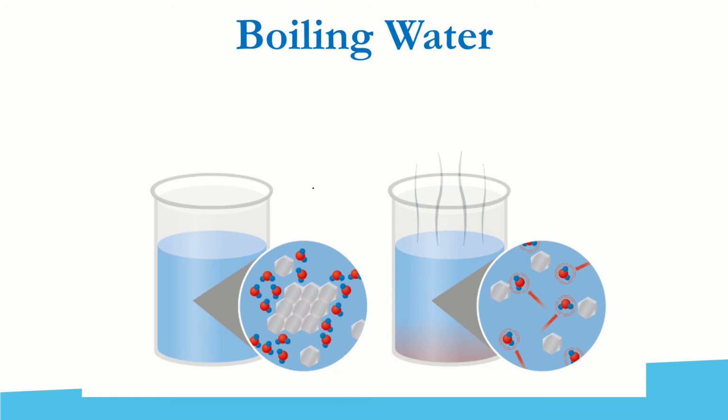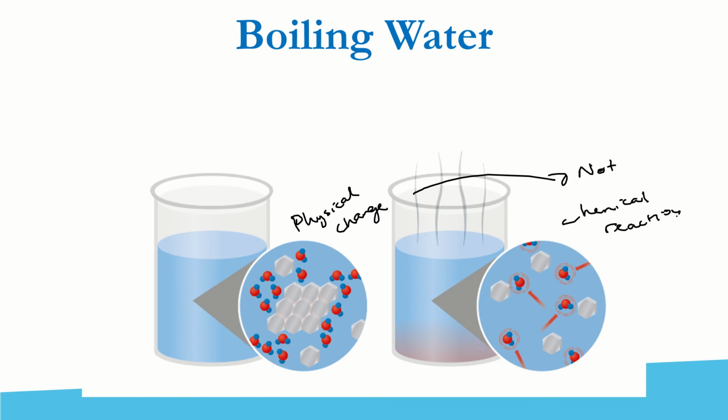Now, let's just quickly look at boiling water, okay? So boiling water is what we call a physical change, which means it's not a chemical reaction. The reason why it's not a chemical reaction, if you actually have a look here, let's say if we have cold water here and we have hot water here, the water molecules that we see here compared to the ones we see when it's a bit warmer, they haven't changed, right?